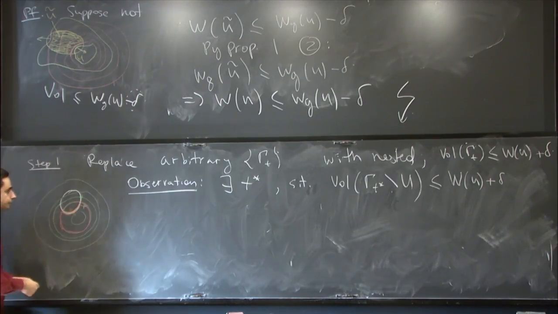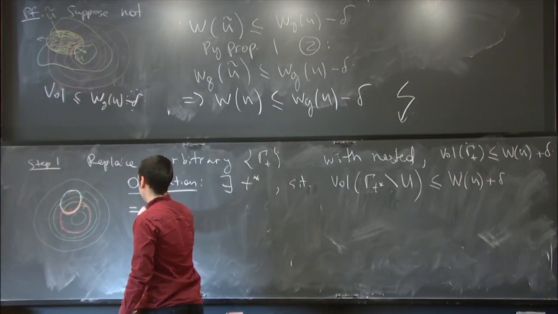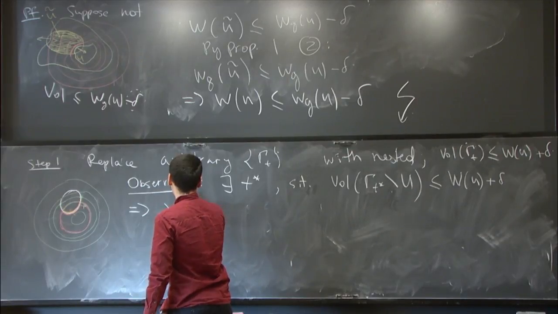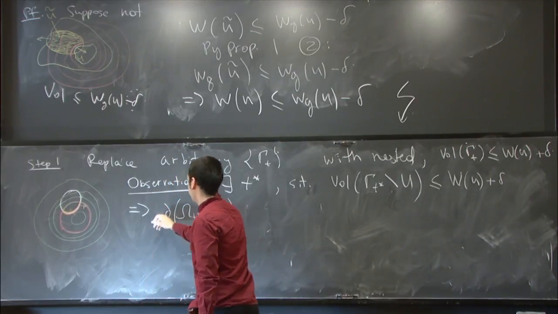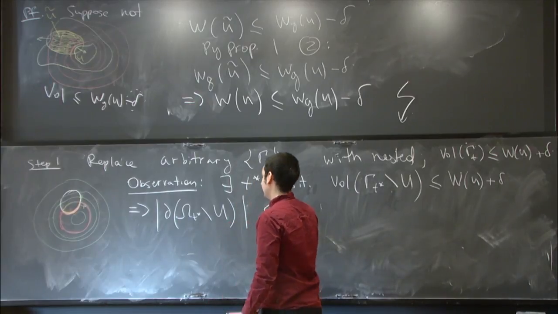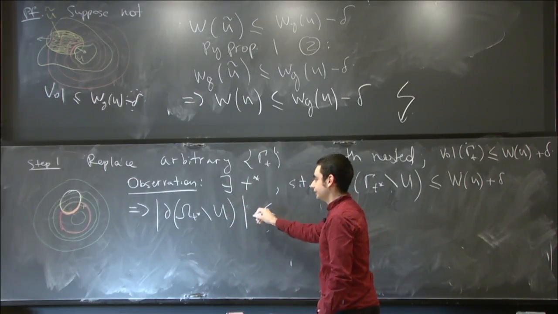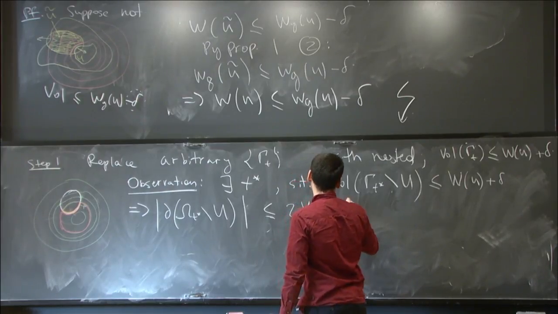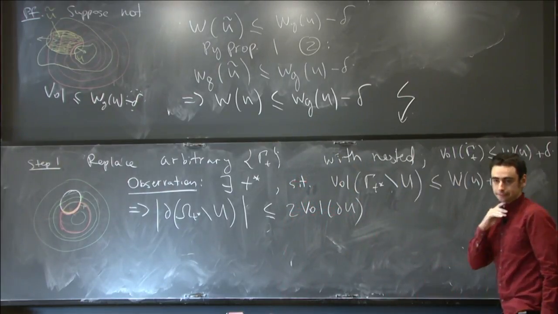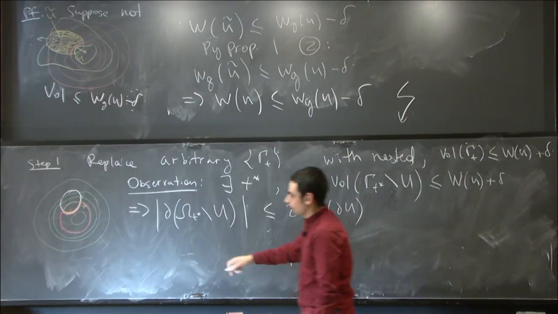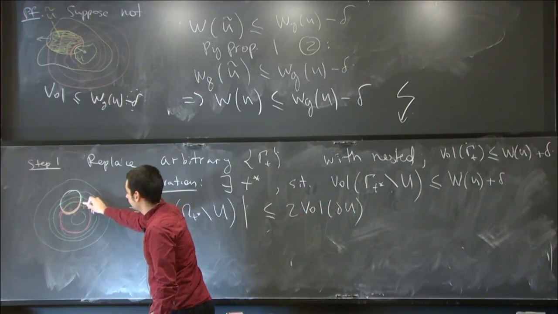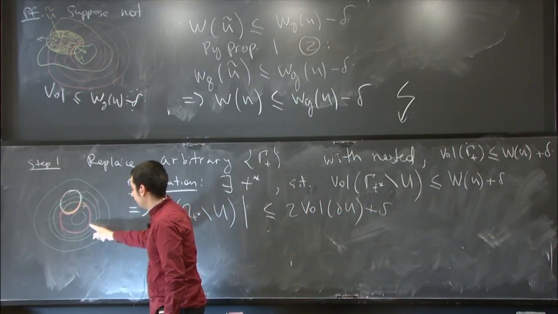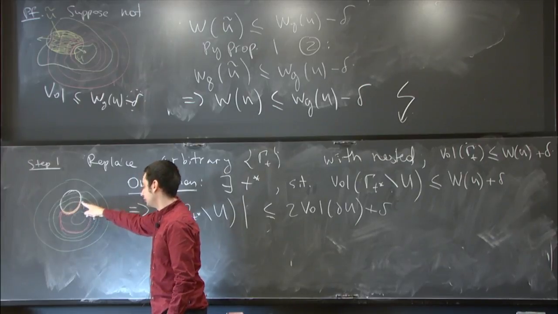We notice that the boundary of omega t star take away U has size, sorry, I switched to this faster notation, less or equal than 2 times the volume of the boundary of U plus delta. So this part is comparable to the boundary, and this part is just a piece of the boundary.